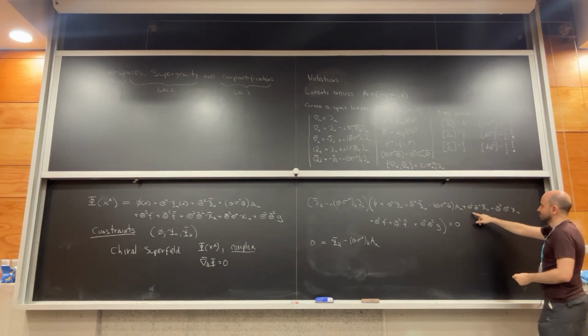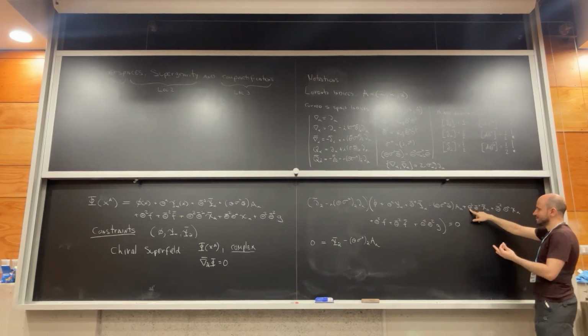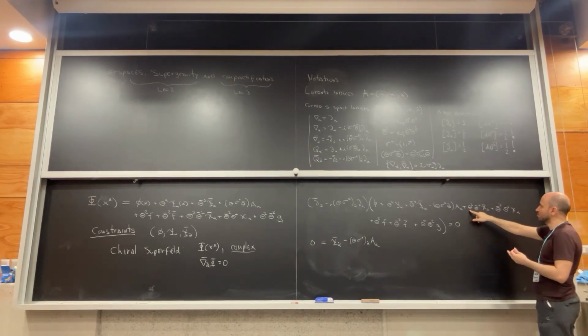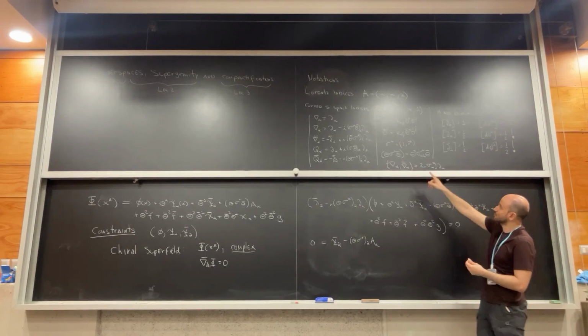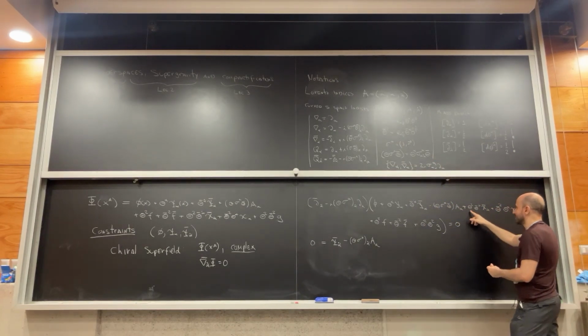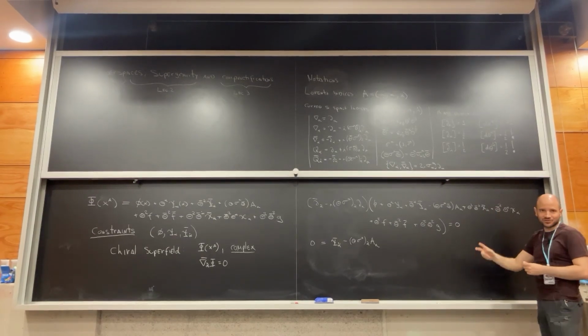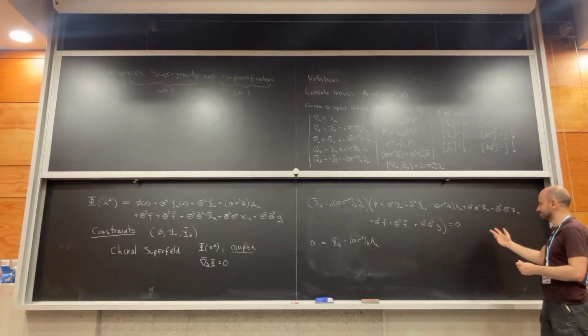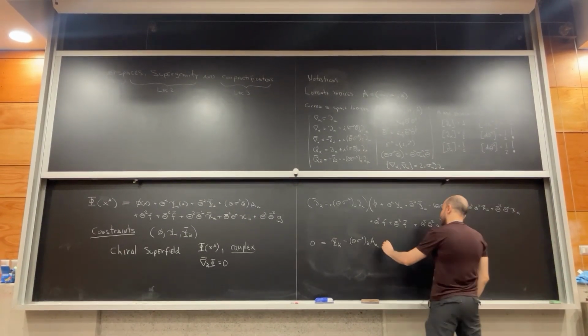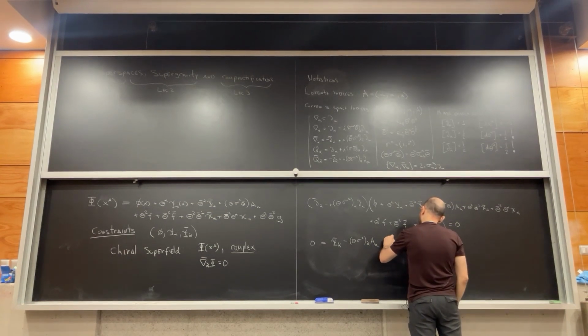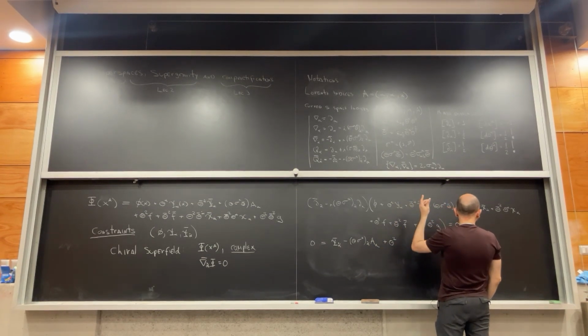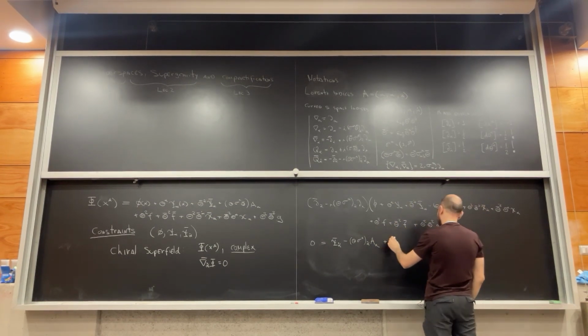Theta square, each theta is a Grassmann variable, but theta square, which is the combination of two thetas, behaves like a boson because I'm going to go over one theta, then the other, so I get two minus signs. In the end, it's just a plus sign. Plus this.